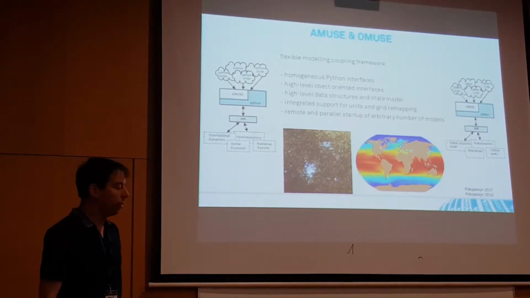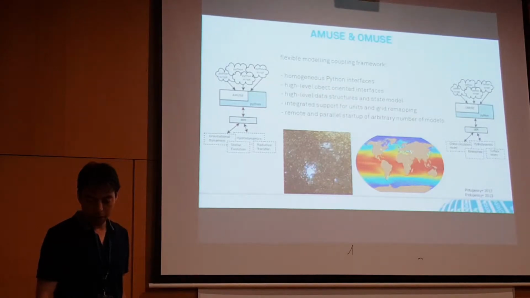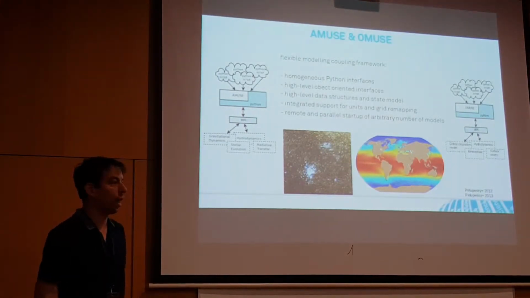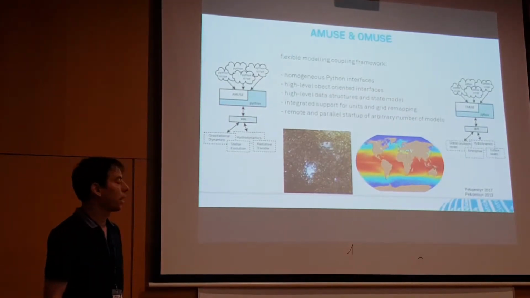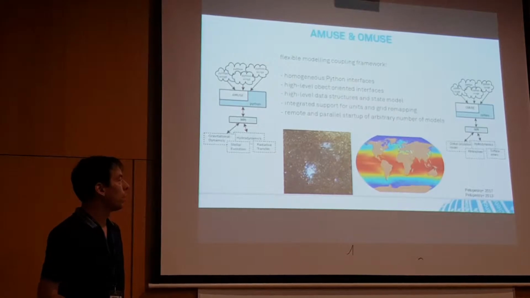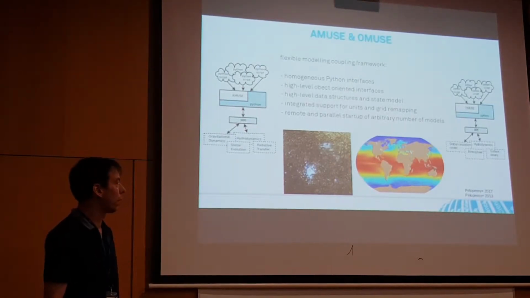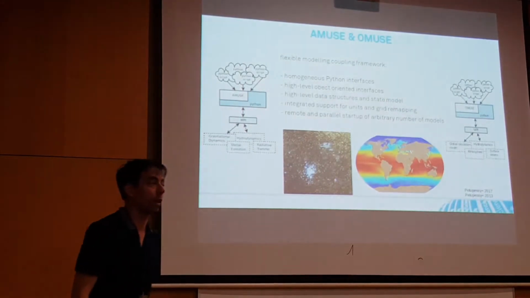What they do is provide a Python-based interface with high-level object-oriented interfaces, and also high-level and modern data structures with integrated support for things like units and grid mappings. And it allows you to remotely run and start up in parallel an arbitrary number of instances of your models and have them communicate or interact in different ways that you can specify in your Python code.